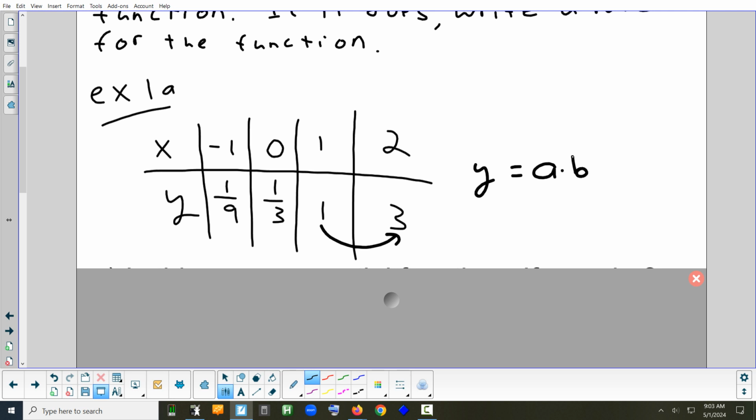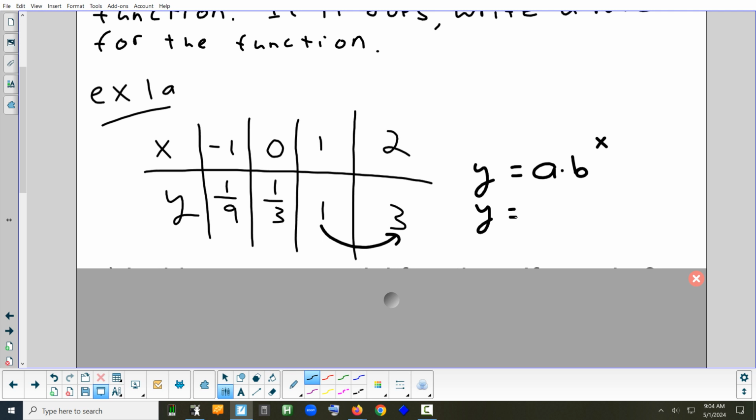And then one more thing. Isn't it like 2 as the exponent? Well, we do need an exponent, but we don't put a number until we start looking at something else. But for now, we just put it to the power of x.